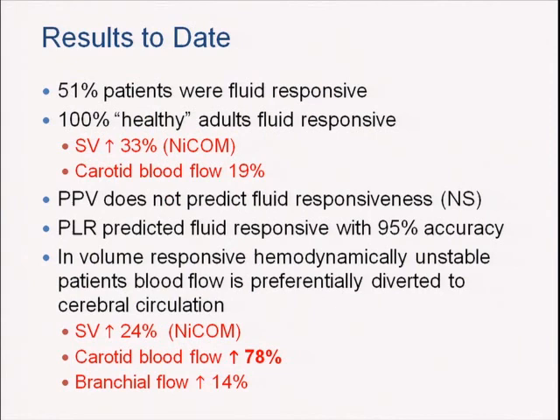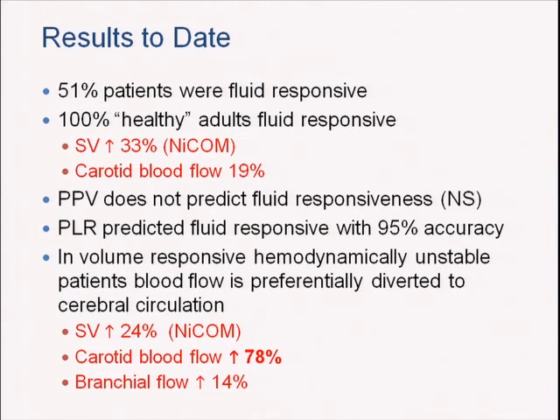So just to summarize the data we have, we've got data on about 100 patients and 50 volunteers, including about 12 Navy SEALs who respond quite differently. What we found is that, as the literature suggests, 50% of patients were fluid responsive. In our healthy people, not super athletes, we found that 100% of adults are volume responsive.